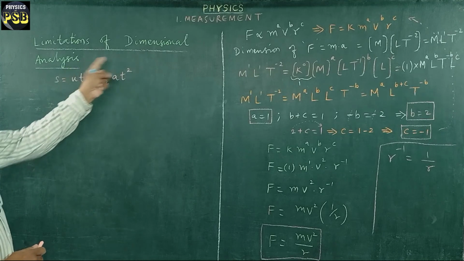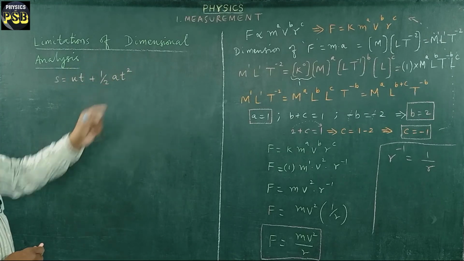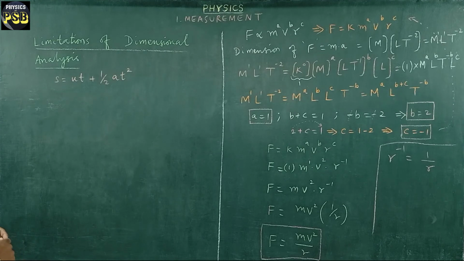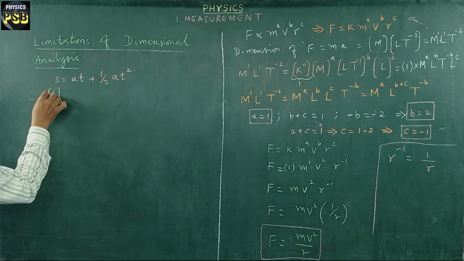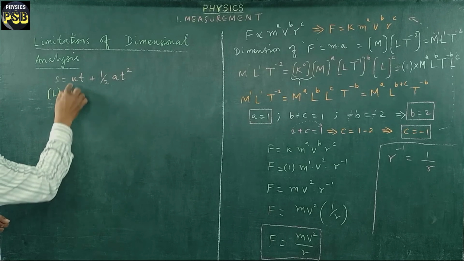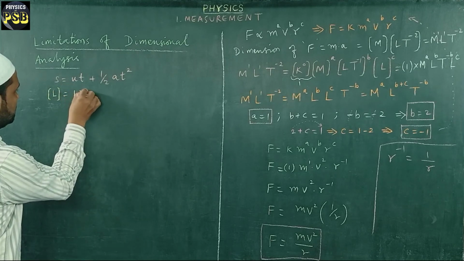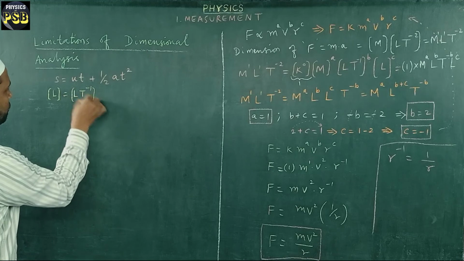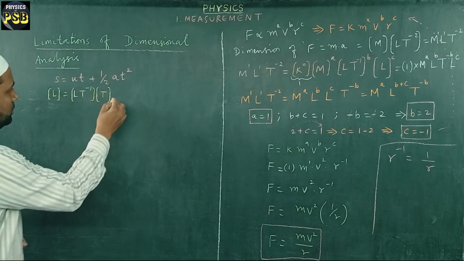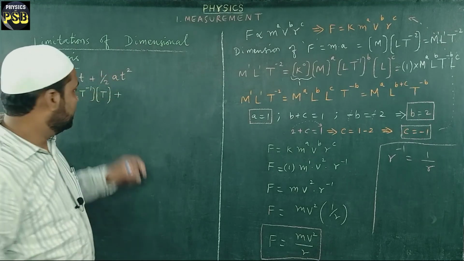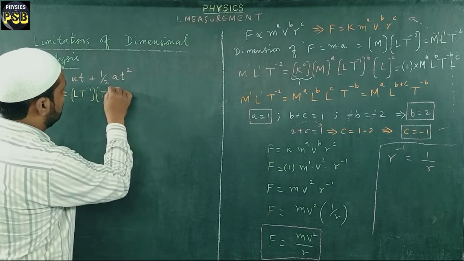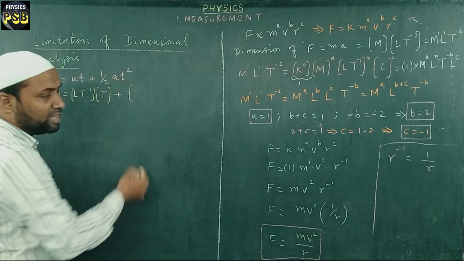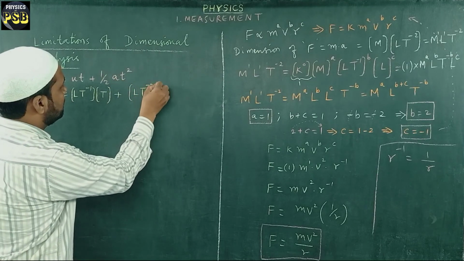Here, if I use this method to check whether this is dimensionally correct or not, what will I do? Let's see. Here s stands for displacement, so the dimension is L. Here u stands for initial velocity, dimension is L t power minus 1. For time we have T. Then half is a numerical constant, it does not have a dimension, so it will remain as such. Then a is acceleration, its dimension is L t power minus 2.